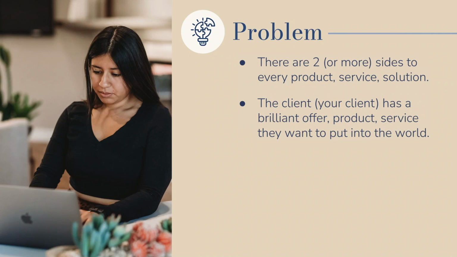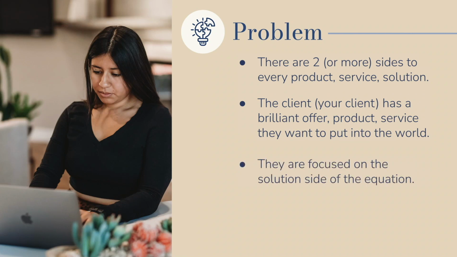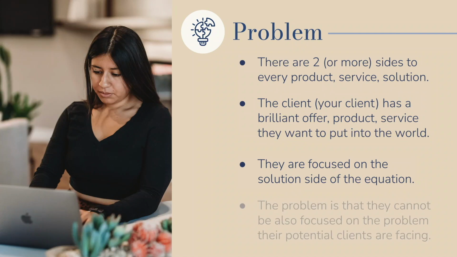Your client might have a brilliant offer and they have a new, innovative product. They have a service that they're so excited to put into the world. They are focused on the solution side of the equation, as they should be. The problem here is that they can't also be focused on the problem their potential clients are facing.